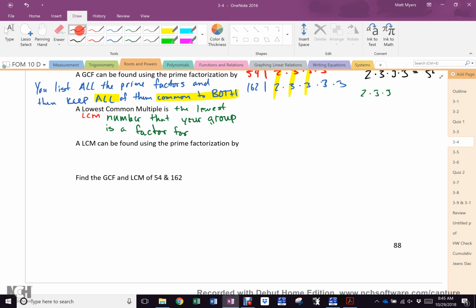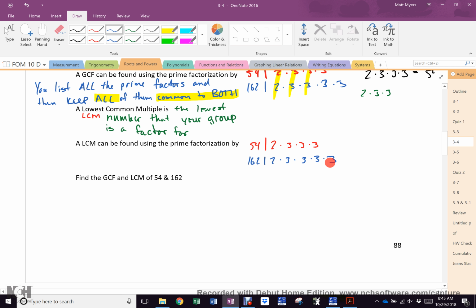Well, no, what am I saying? Prime factorization can be used to find the lowest common multiple, similarly to what we did before. We list them all. Step 1 is list them. So 54 is 2 times 3 times 3 times 3. 162 is 2 times 3 times 3 times 3 times 3.